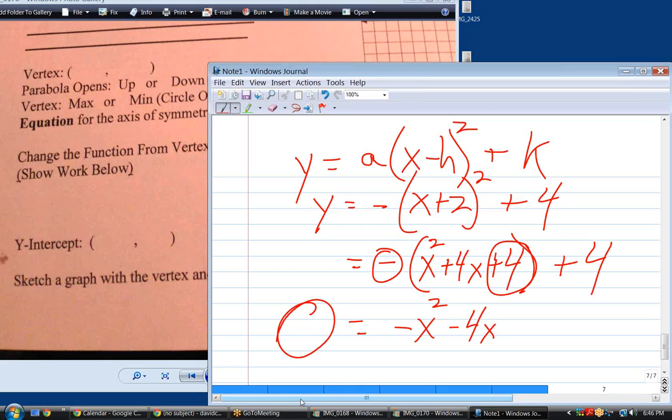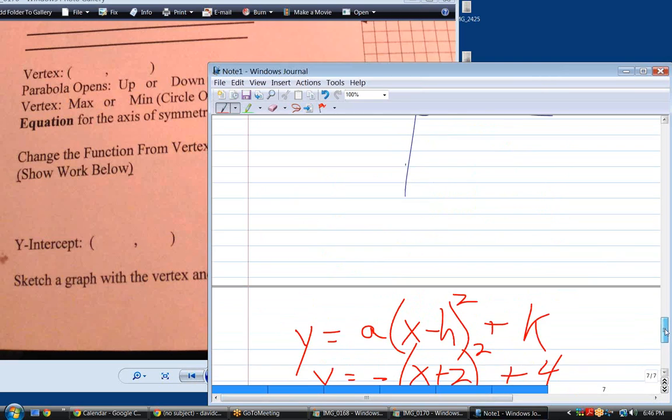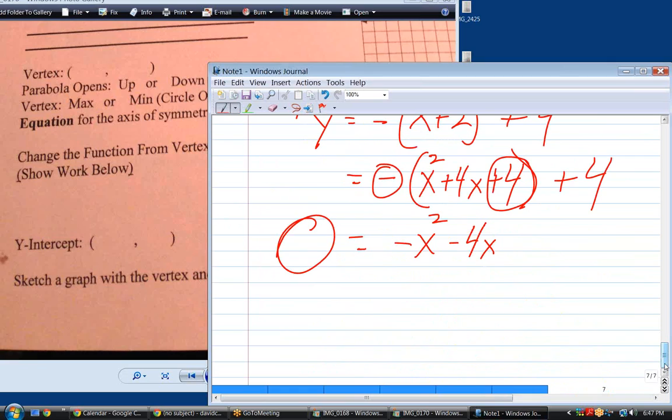Okay. Now, once you have it in standard format, remember, standard format, what is A in this case? These letters, A, B, and C, those are important when you go to use the quadratic formula.